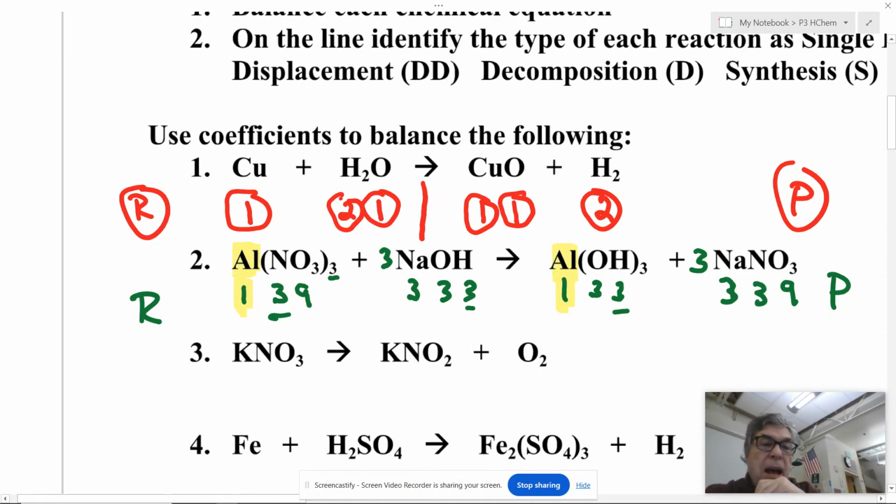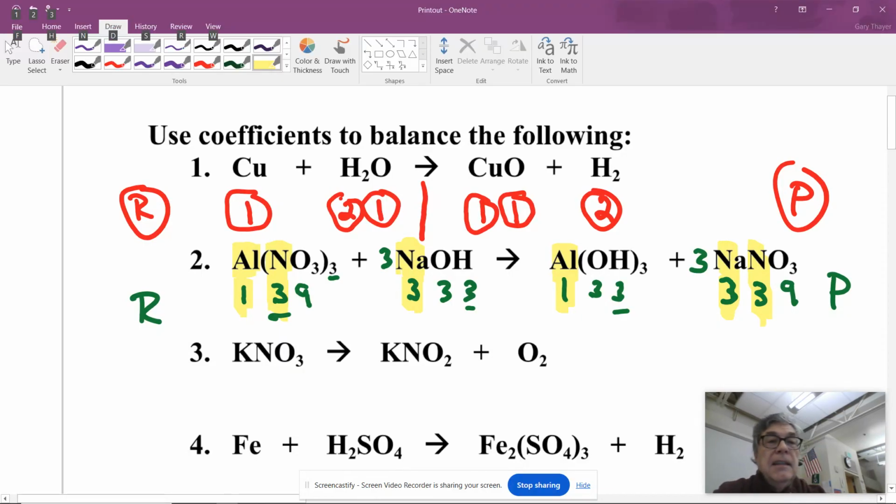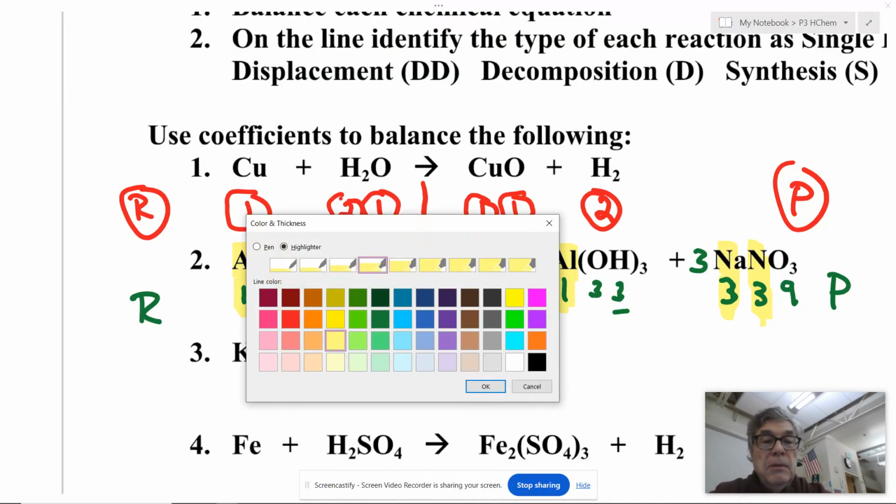So that's balanced. Let's move to nitrogen. The nitrogen has 3. The nitrogen has 3. The nitrogen is balanced. We're going to look at the sodium. The sodium has 3 and the sodium has 3. The sodium is balanced.